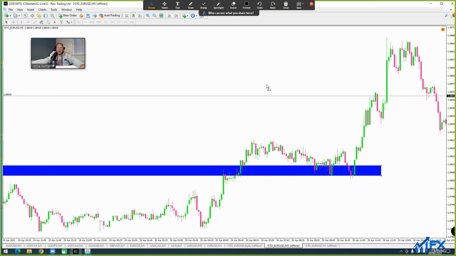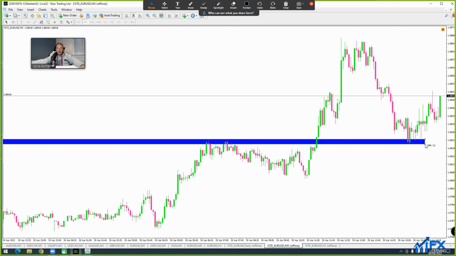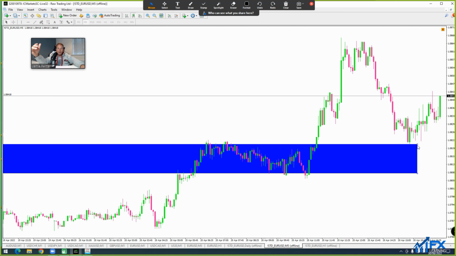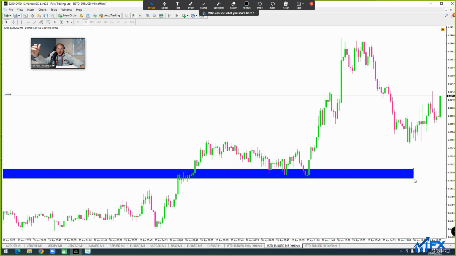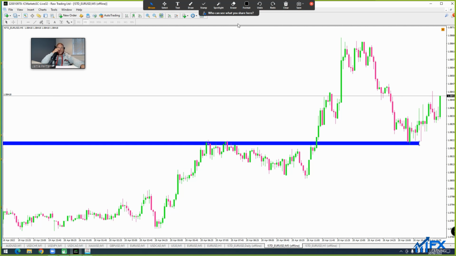Okay, now I'm marking up the next area. So I'm just going to pop this like this here, and it now changes, right? You see how it's changed, and notice why I've moved it from there to there. Now the reason why I've done that is simply because, remember what I said, this has moved price.